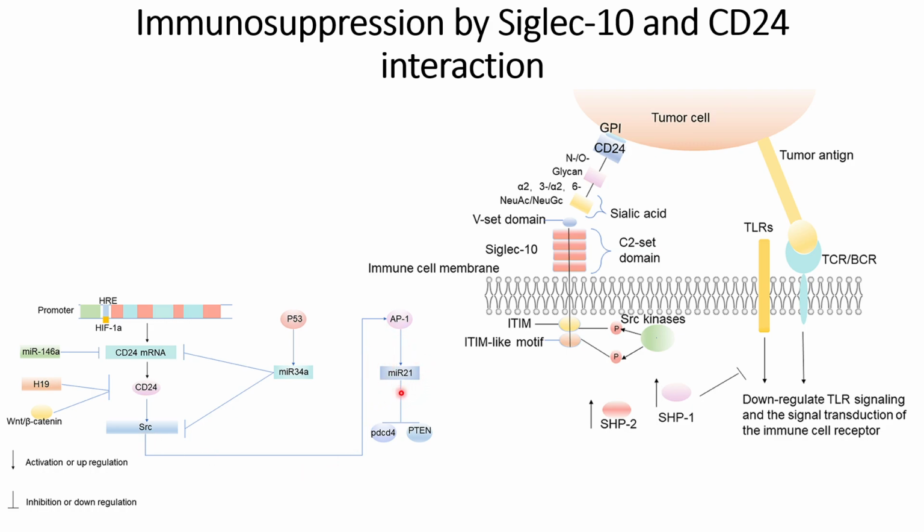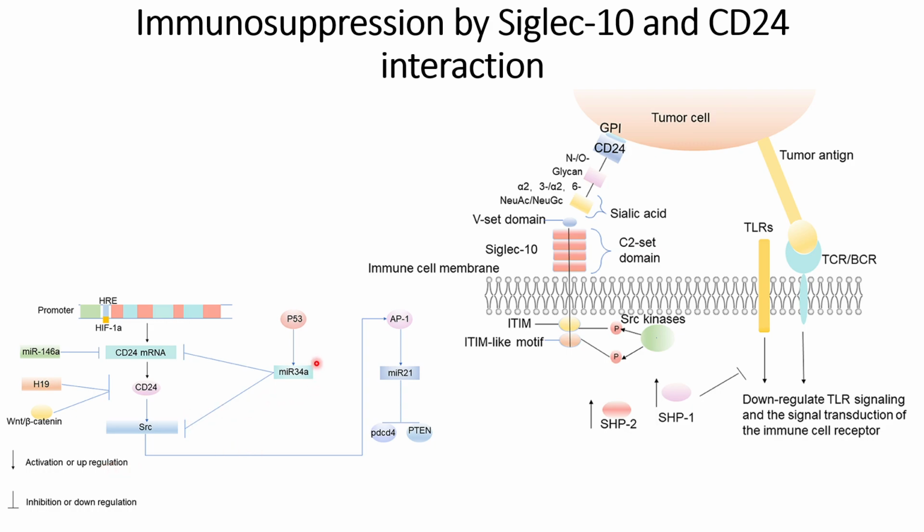And this MIR21 will downregulate CD4 or PTEN, and CD4 and PTEN are related to immune responses. So downregulation of these will also lead to immunosuppression.